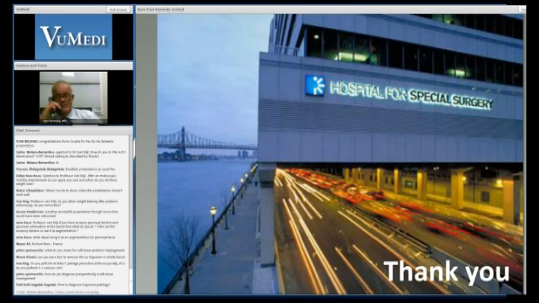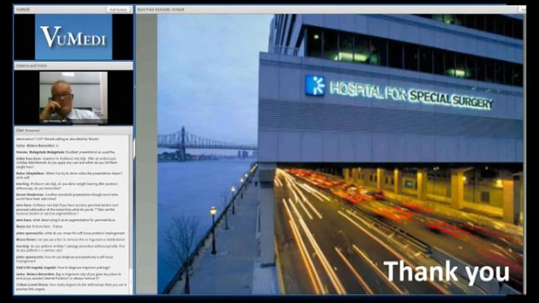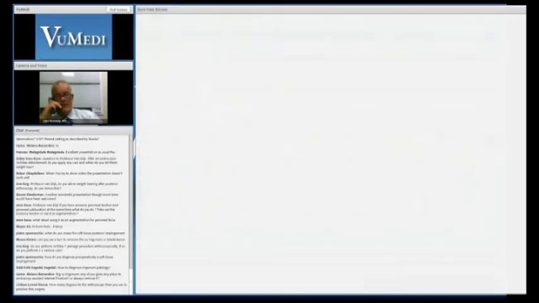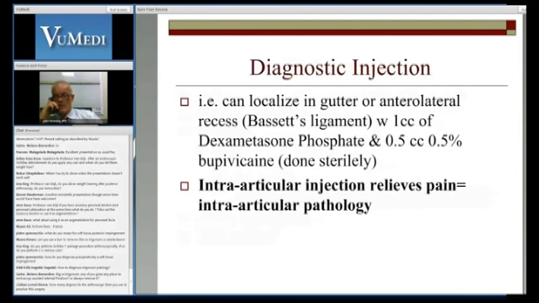Okay, thank you. Now, last question: how do we diagnose posterior impingement and os trigonum? Clinically, this is typically found in ballet dancers who are going on point or demi-point, or in soccer players when they strike the ball.